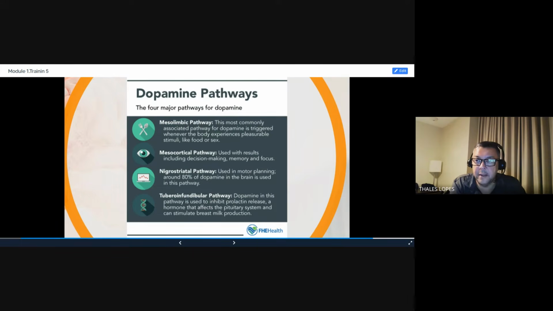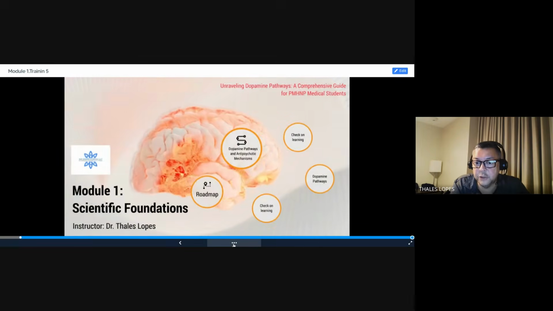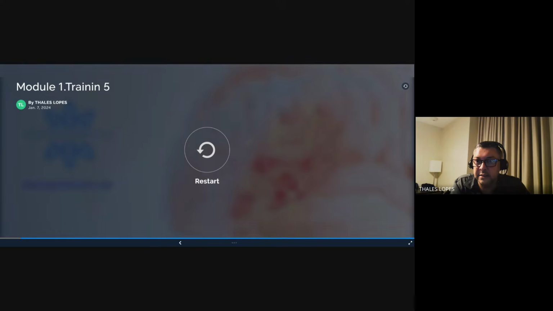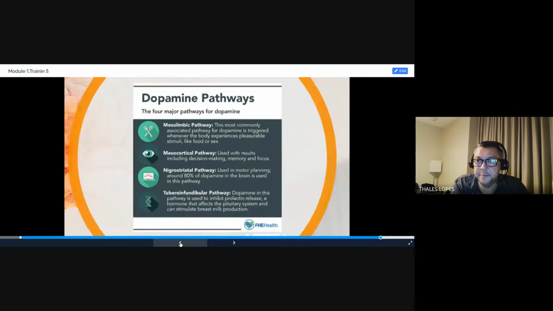Tuberoinfundibular, remember, dopamine and prolactin, the balance. Nigrostriatal, dopamine and acetylcholine. Any questions about the dopamine pathway? Because this is an important topic, and oftentimes people get confused.